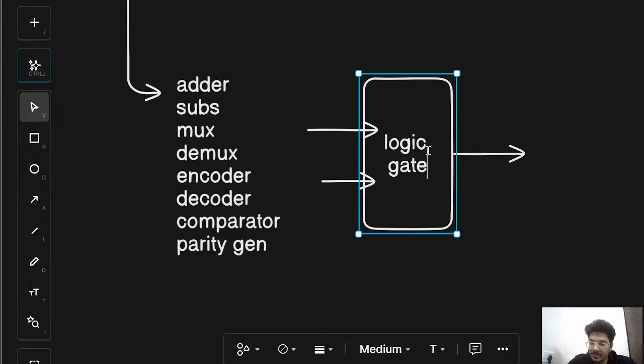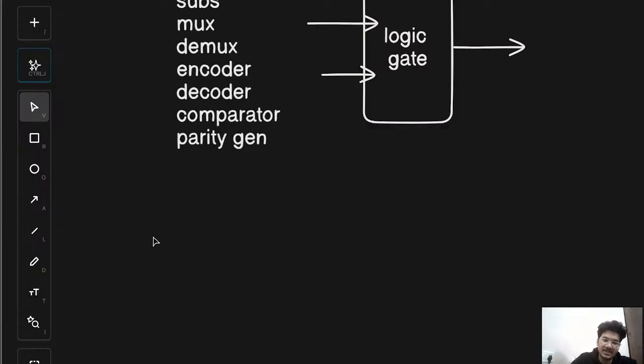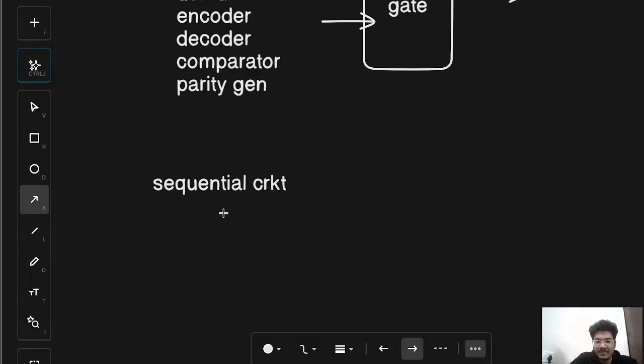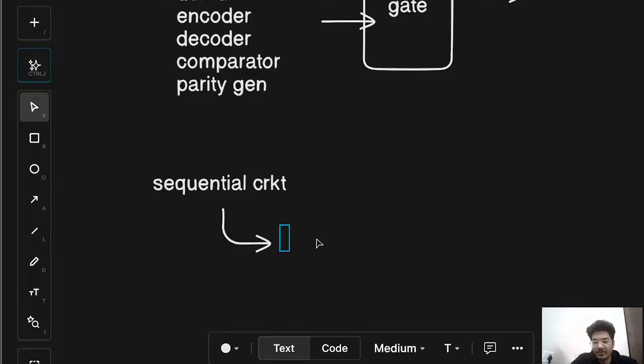Now if we compare the combinational circuit with the sequential circuit, the other circuit type, the sequential circuit uses flip-flops for memory.